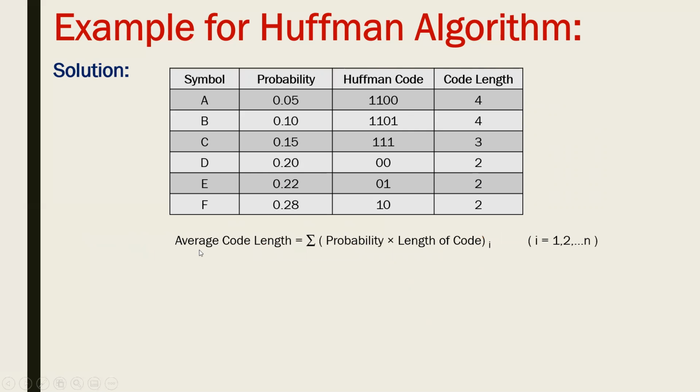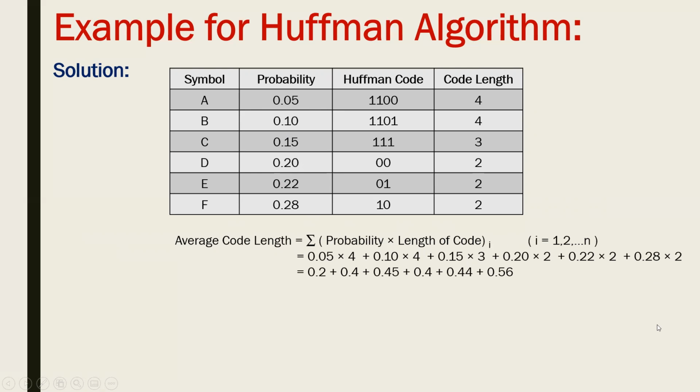So the formula for the average code length is the summation of probability multiplied by length for the ith symbol. The first value of i will be A, then B, then C, then D, then E, then F. So we have 0.05 times 4, plus 0.10 times 4, plus 0.15 times 3, plus 0.20 times 2, plus 0.22 times 2, and plus 0.28 times 2.